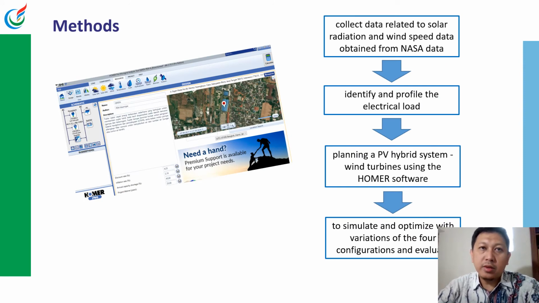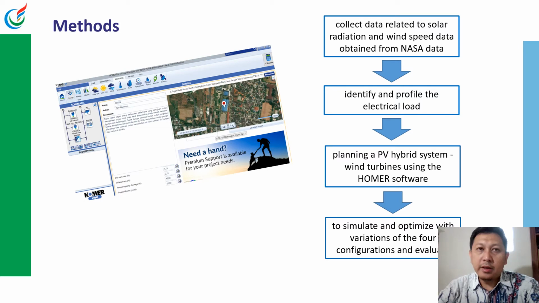In the design process, we use the help of HOMER software, Hybrid Optimization of Multiple Energy Resources, for hybrid, renewable, and distributed generation system design. The steps taken in the software are: first, collect data related to solar radiation and wind speeds, obtained from NASA data.